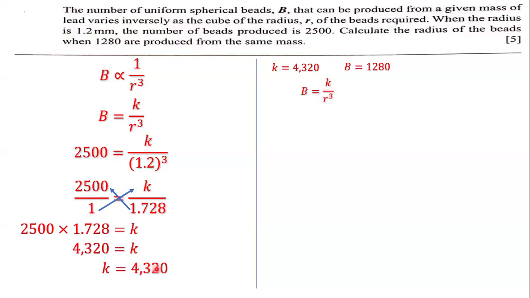We found that K is 4,320, so we substitute that: B is equal to 4,320 all over R cubed.